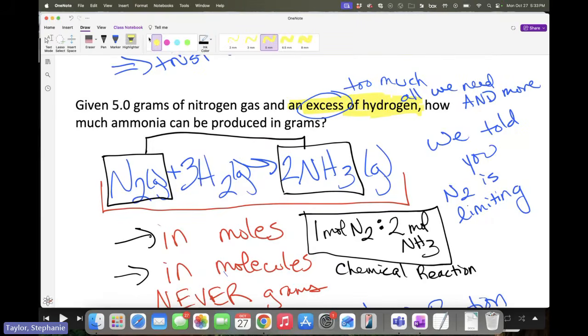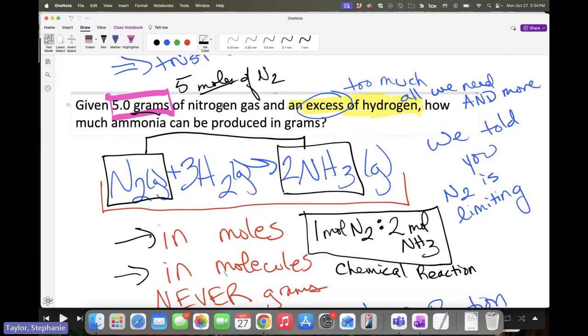I could just as easily write a question that instead of telling you that this is 5 grams of nitrogen, I could also make this 5 moles of nitrogen. So realize that we can have you start in grams. We could also have you start in moles. So we have options in there for what sorts of questions we ask and where you begin and where you end. If this question is in moles, this question actually becomes much shorter.